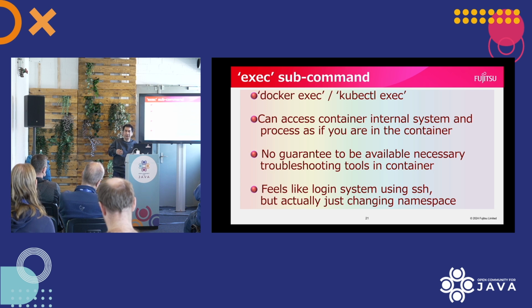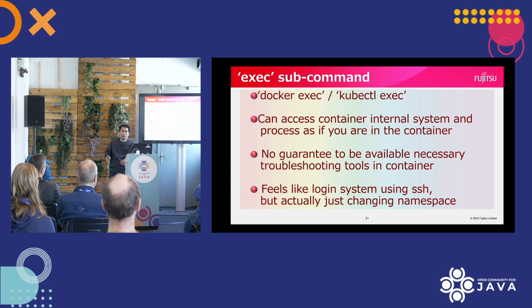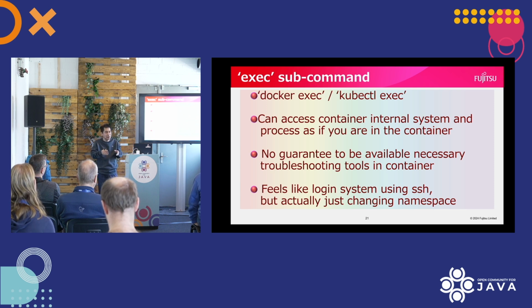But as we discussed earlier, you do not always have sufficient troubleshooting tools in your container. It depends on what tools are included in your containers. And when using these commands, you likely feel that you log in to the container system, such as using SSH, but actually it just changes the namespace.